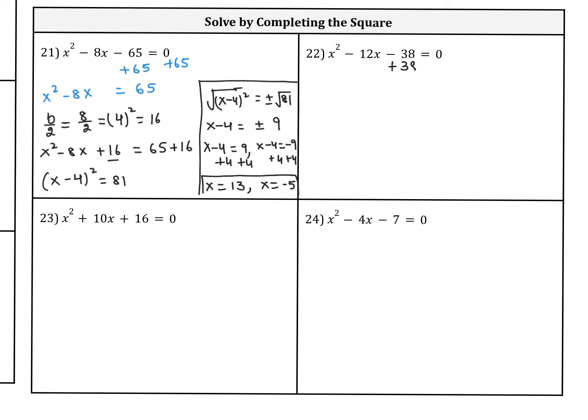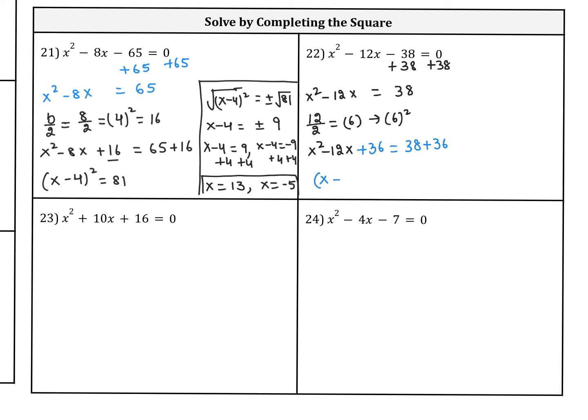Add 38 on both sides. X squared minus 12x equals 38. You're going to get b over 2: 12 over 2 equals 6. You square it and add on both sides. So x squared minus 12x plus 36 equals 38 plus 36.